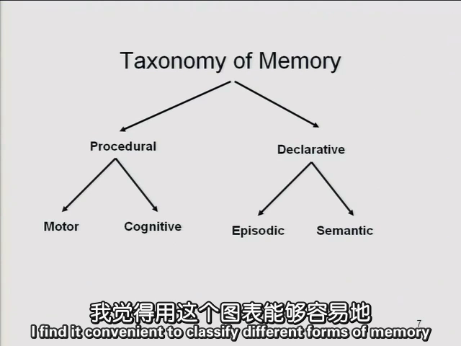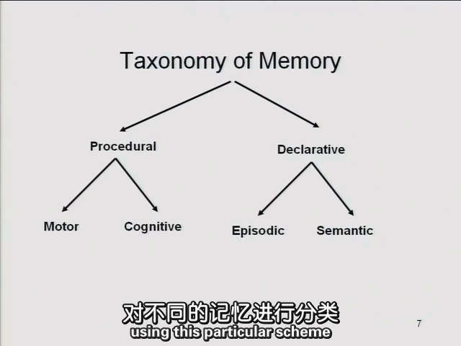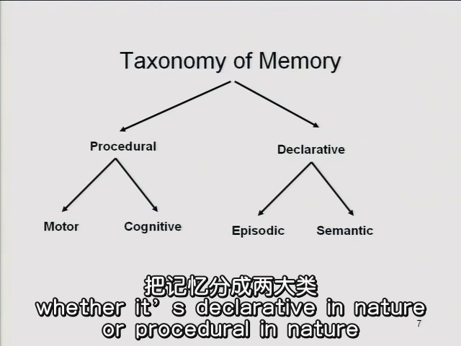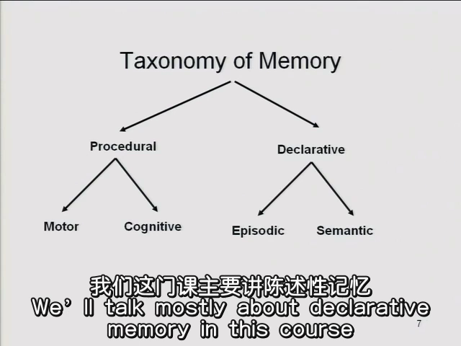I find it convenient to classify different forms of memory using this particular scheme. First, classifying the knowledge stored in memory in terms of whether it's declarative in nature or procedural in nature. We'll talk mostly about declarative memory in this course.